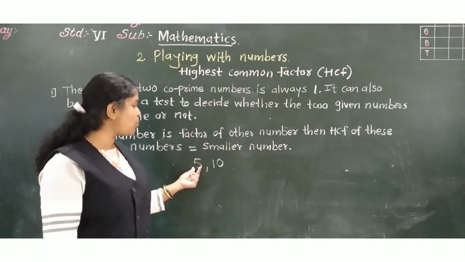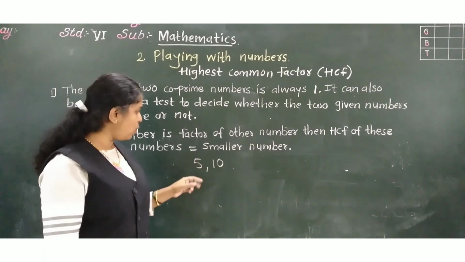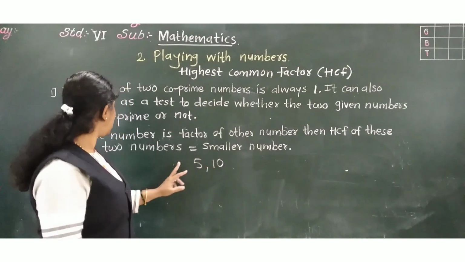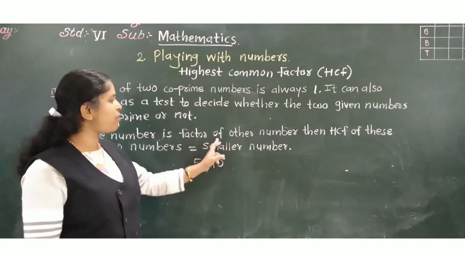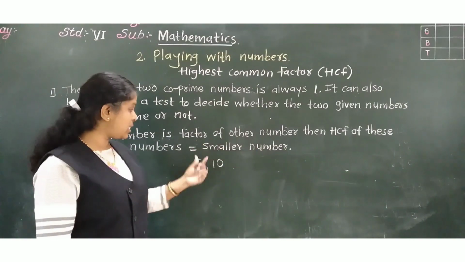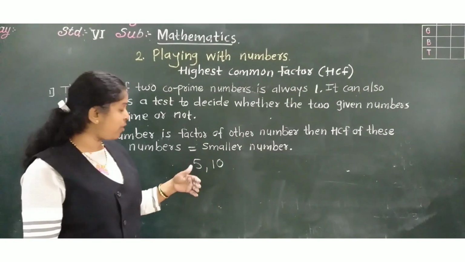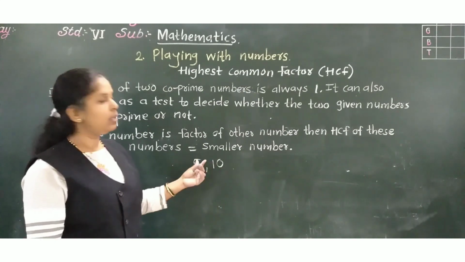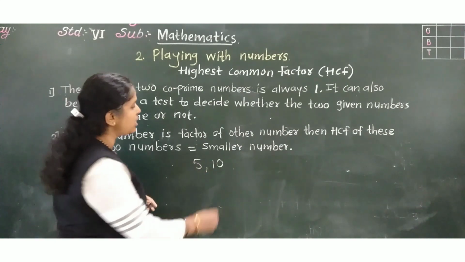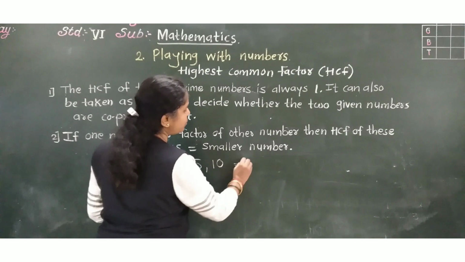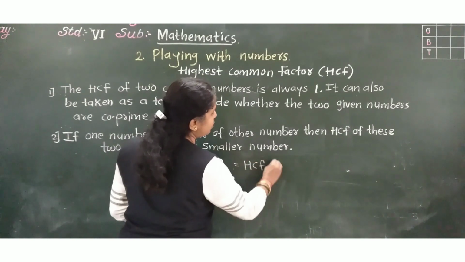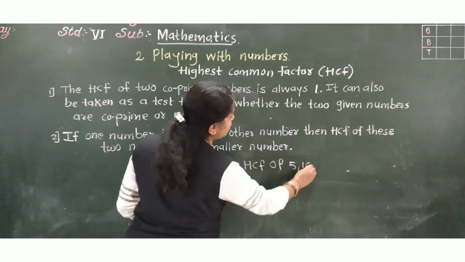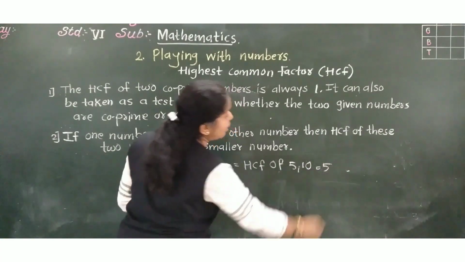And the smaller number is 5. So if one number is a factor of the other, the HCF of these two numbers will be the smaller number. The HCF of 5 and 10 is 5.